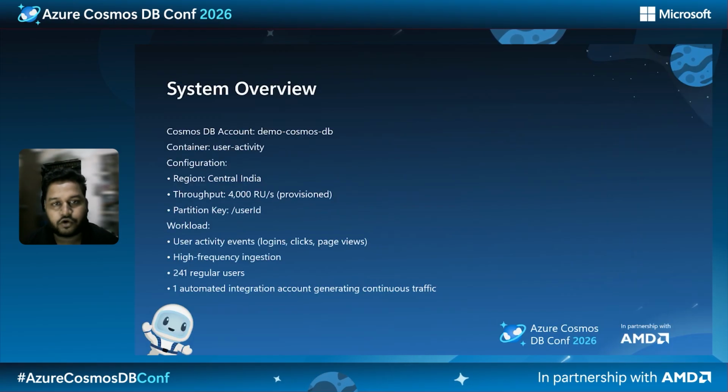So let me first walk you through the system we are working with. This is a Cosmos DB account with a single container called user activity, storing events like login, clicks, and page views. The setup is fairly standard, deployed in Central India with 4000 RU per second provisioned throughput.